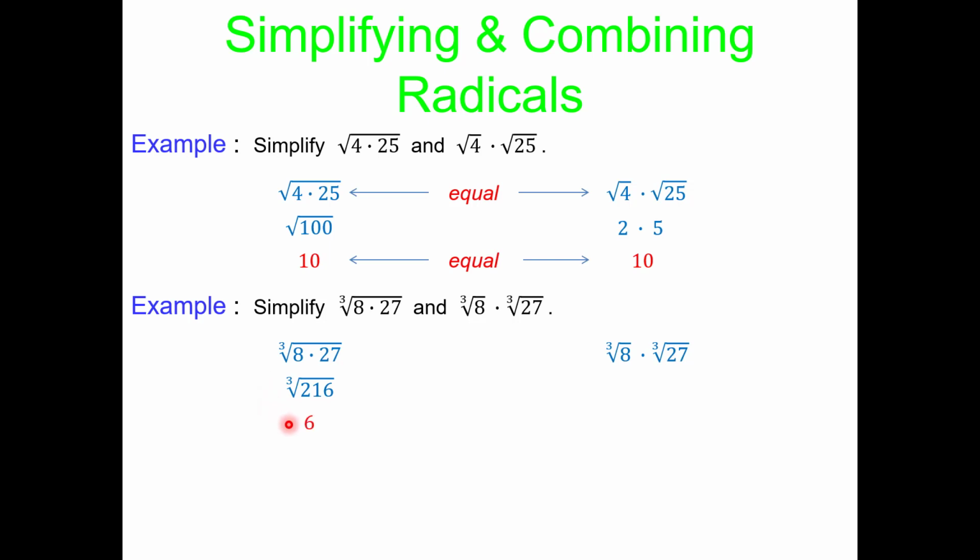If you want to check, you can put 6 cubed in the calculator and you will get 216. Separately, over here, what number times itself 3 times is 8? That number is 2. And then cube root of 27, what number times itself 3 times is 27? That number is 3. And then 2 times 3 is 6. So these are equal. Therefore, our starting point was equal.